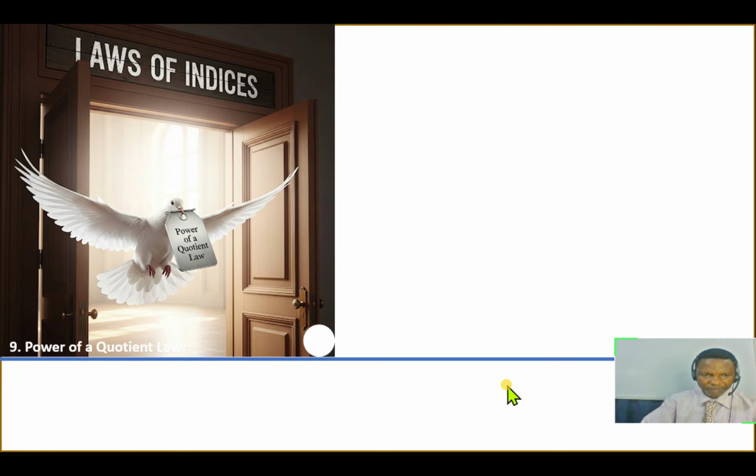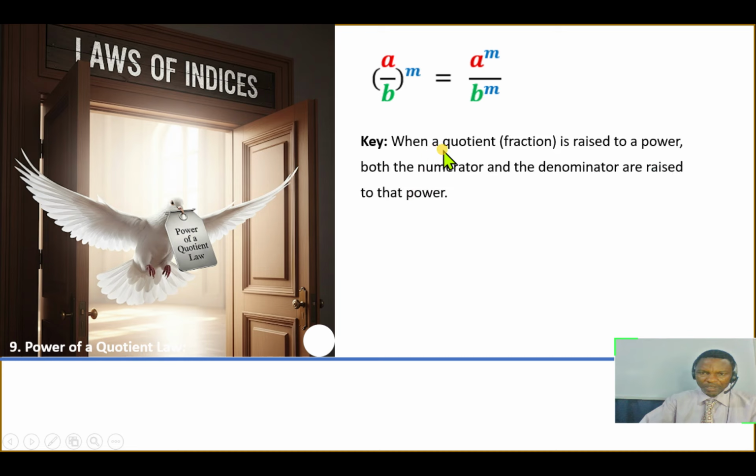So we're going to look at the law of quotient, which is the last one. So if I have (a over b) all raised to power m, what does it mean? When a fraction is raised to a power, both the numerator and the denominator are raised to that same power.